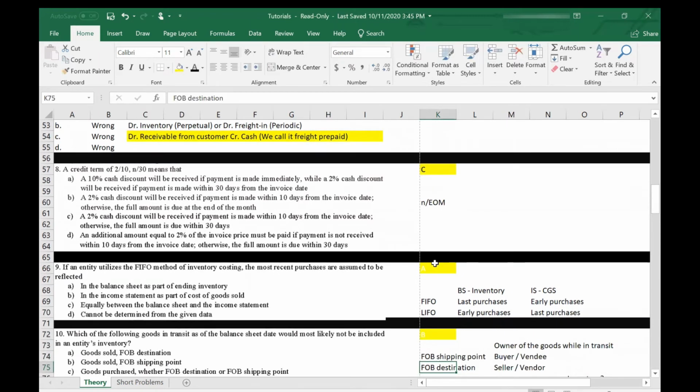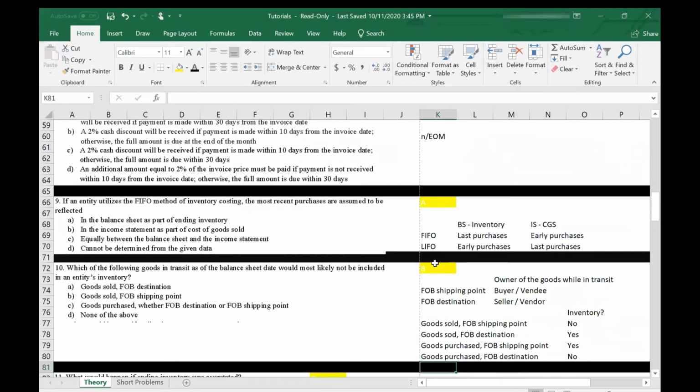Okay. So let's go to number 9. So we already discussed this. So let's just re-emphasize the point. If an entity utilizes the FIFO method of inventory costing, the most recent purchases are assumed to be reflected in the... so yung kapag FIFO, first in, first out.